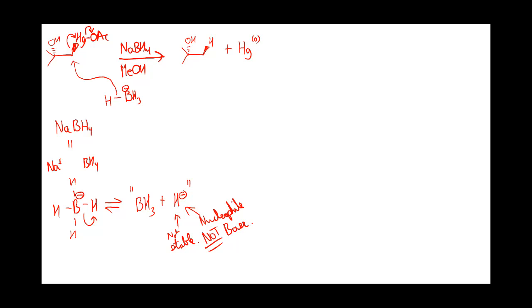Anyways, so what we have here is we've displaced the mercury with this hydrogen hydride. Overall, what's happened? Okay, let's look at the overall reaction here. Number one, we added mercuric diacetate in water. That looks like it's one molecule. Number two, we added sodium borohydride in methanol.